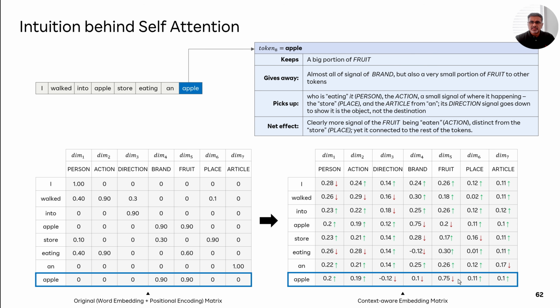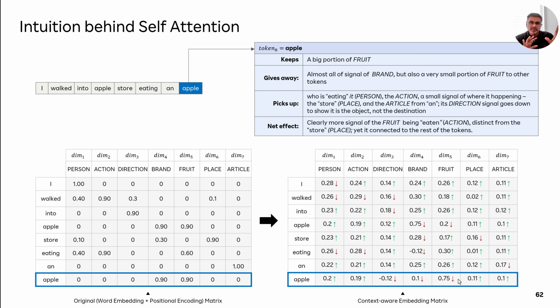By the way, these are just representative numbers. These are not really accurate numbers. I just use these numbers to show you the general idea. The numbers could be different, or the swings could be slightly more or less, or maybe similar also. But the idea to take away from here is that the whole goal behind the self-attention calculator is to take the original word embedding matrix, look at each and every word, and then figure out how that word influences the other words in that sequence, and similarly how that word is influenced by the other words, and that influence happens through all the feature dimensions.